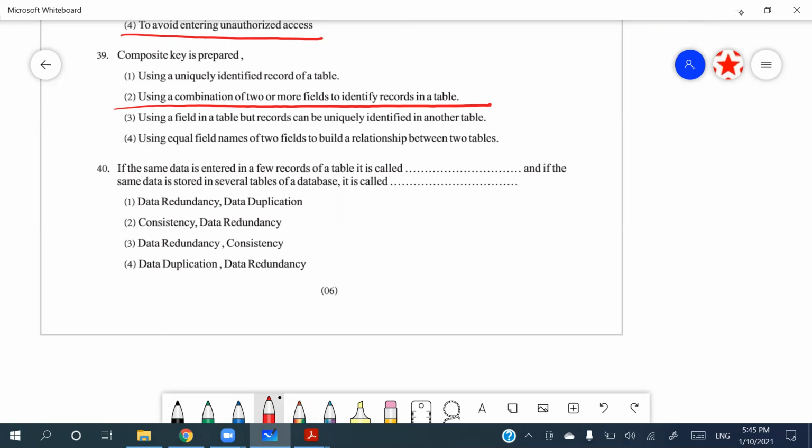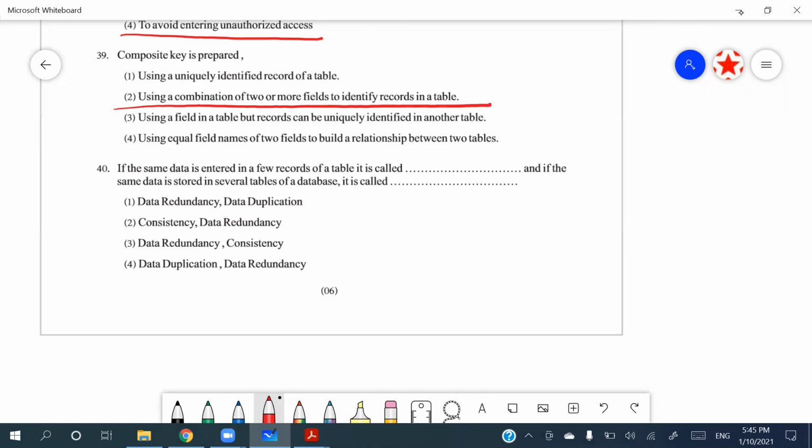And the last question, if the same data is entered in a few records of a table, it is called data redundancy. And if the same data is stored in several tables of a database, it is called, hold on. It's going to be a problem. Yes, duplication and the redundancy. Redundancy happens due to many reasons.